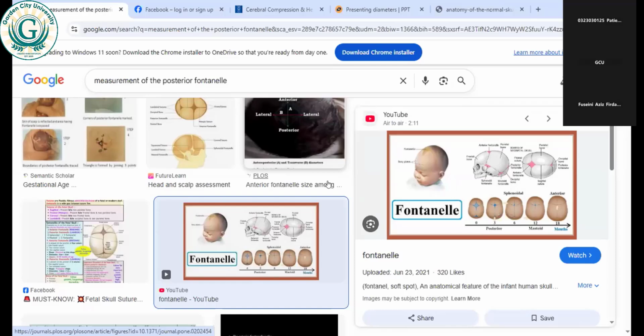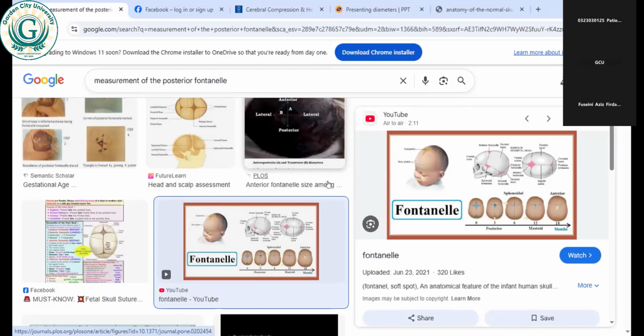When it is deflexed, we have the occipitofrontal and the biparietal. So the biparietal is constant in the vertex presentation, but in a flexed one it's suboccipitobregmatic, 9.5, and deflexed it's occipitofrontal, which is 11.5.